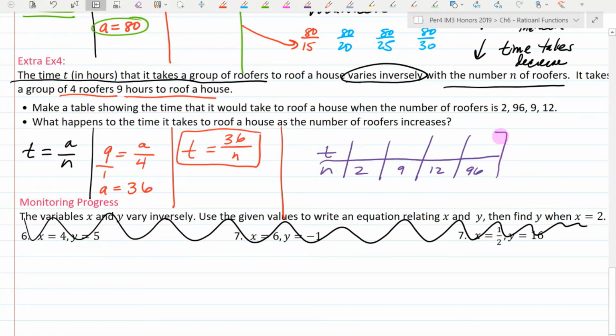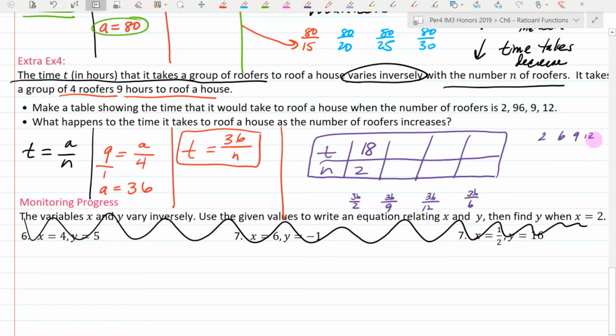Can't believe there'd be that many roofers. We'll just use these numbers, so 2, 6, 9, and 12. And this will be 18, 6, 4, and 3. So obviously, as the number of roofers goes up, the hours that it takes goes down.